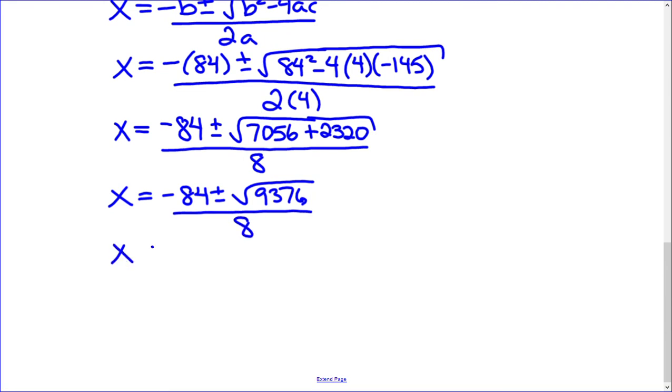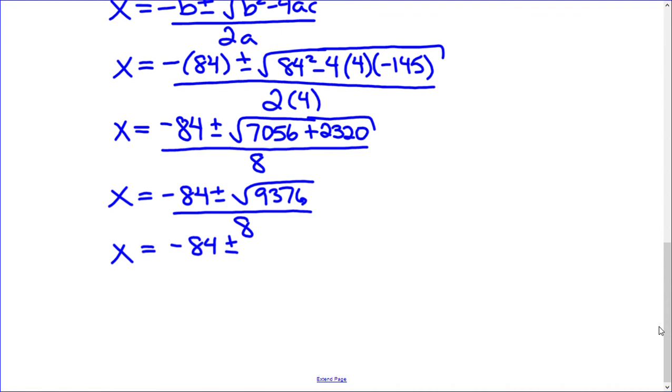Now, these numbers are far too large to go through and to take common factors of a prime factorization to see what I can cancel. So let's just work out this thing as a rough approximation. So minus 84 plus or minus the square root of 9,376.